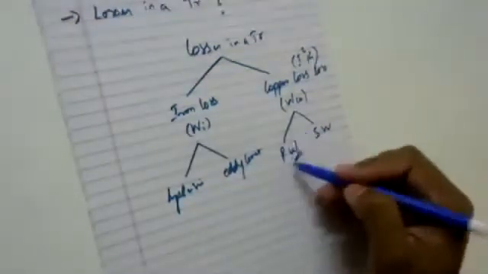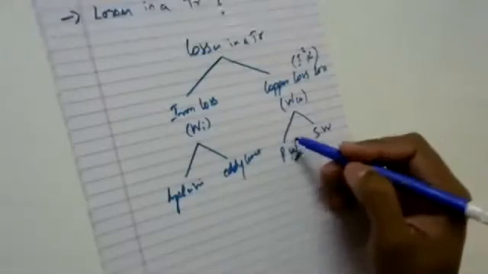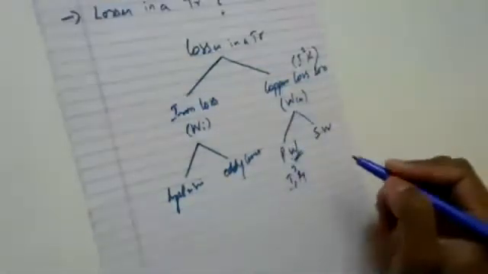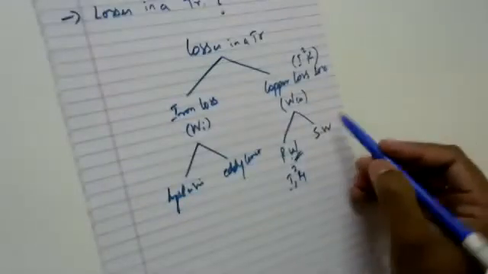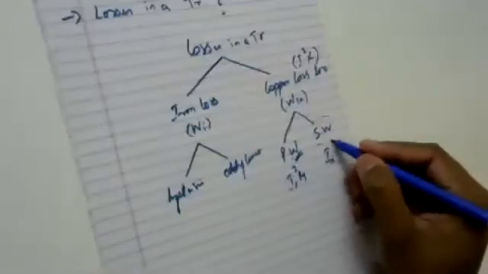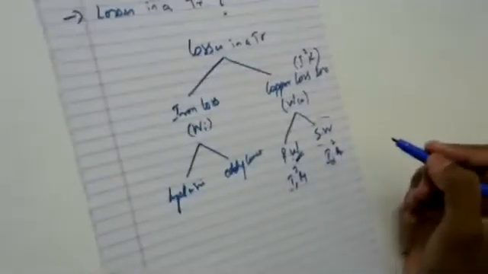The copper loss on the primary winding is given by I1 square R1, and the copper loss on the secondary winding is given by I2 square R2.